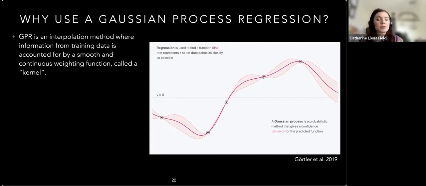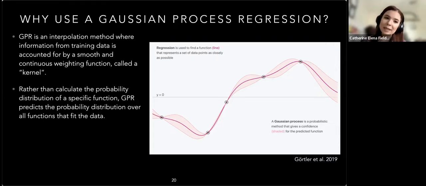And Gaussian process regression does this, but in a probabilistic way by using both the kernel and the different points you have constraining the parameter space. So instead of calculating the probability for a very specific function, Gaussian process regression does it over all functions that could fit your data. So not only are you getting a function that describes your data, you also have errors on any prediction you make.